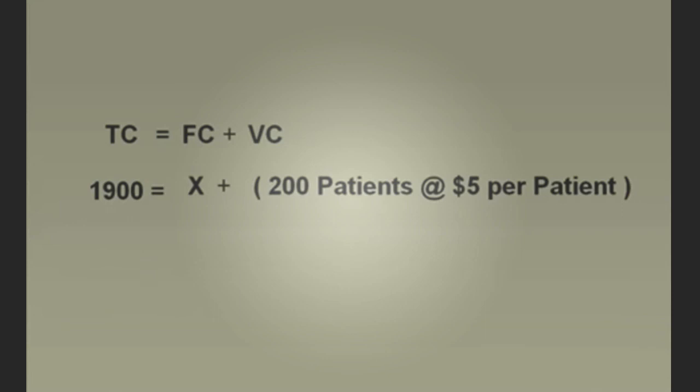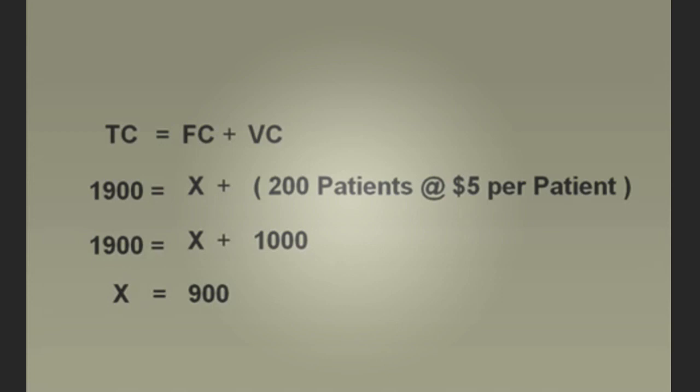The total cost, 1,900, equals fixed cost, you don't know it, so take it as X, plus variable cost. At that level, it's 200 patients, and you know it's $5 per patient. So 1,900 is the fixed cost, plus the variable cost is 1,000. So if you solve, what's the fixed cost? 900.